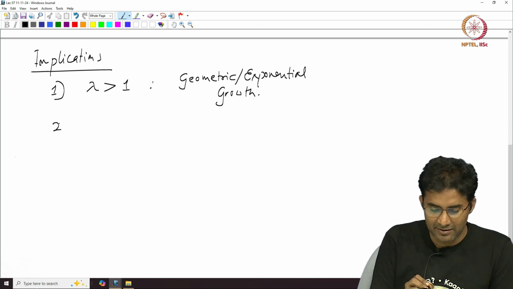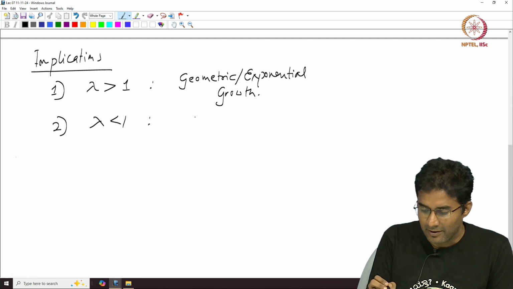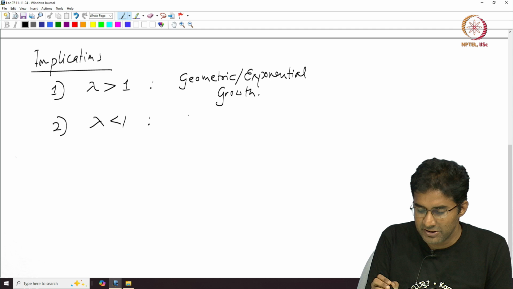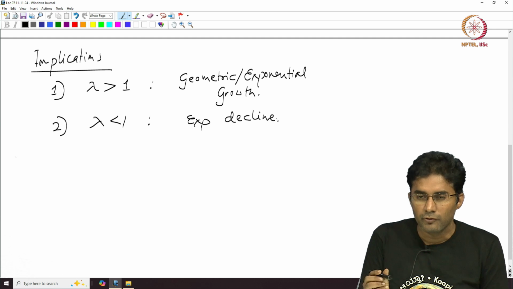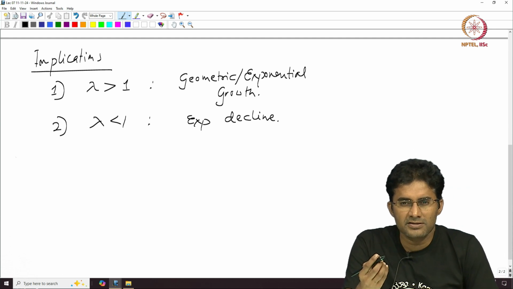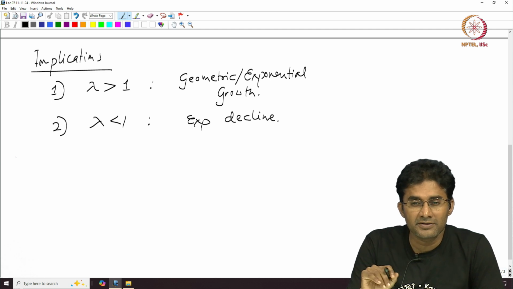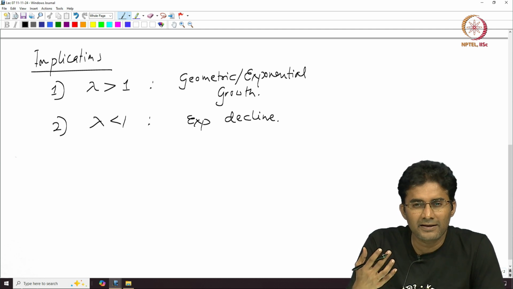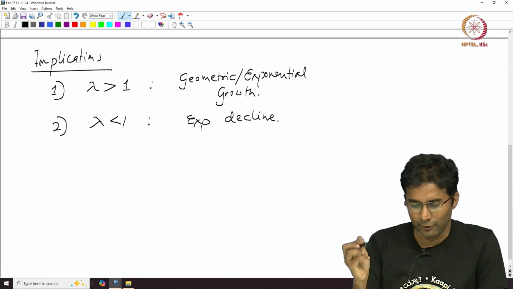On the other hand, if lambda was less than 1, there was a geometric or exponential decline. We use the word geometric instead of exponential for discrete time systems, but I sometimes use them interchangeably because mathematically they have this exponential growth, right.